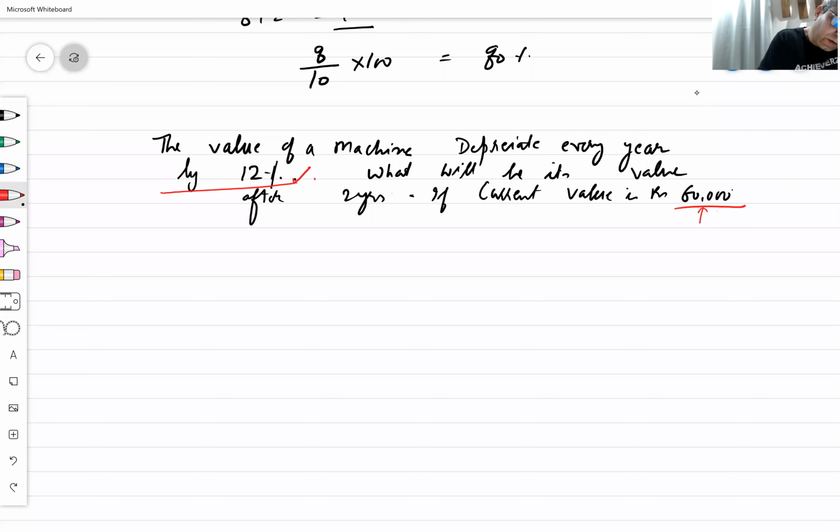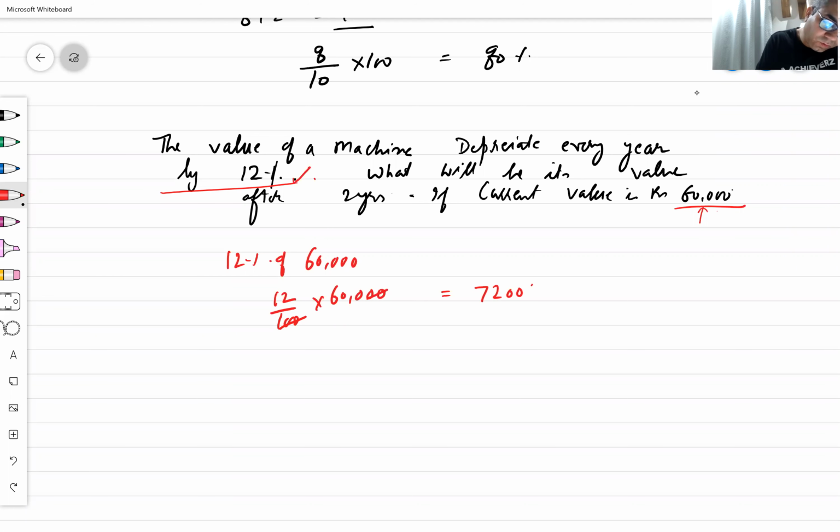So 12% of 60,000 would be what? 12 over 100 into 60,000. So this is 7,200 rupees, right?